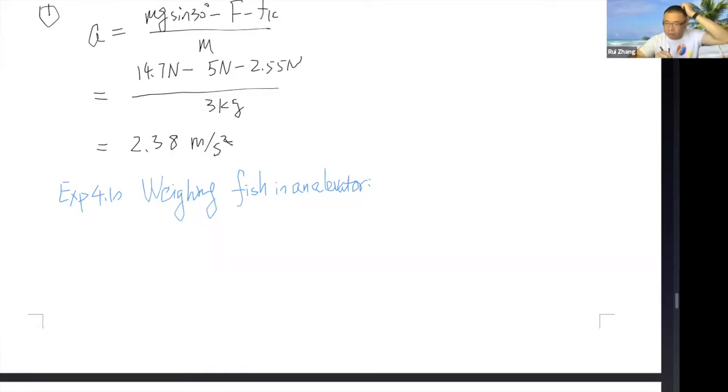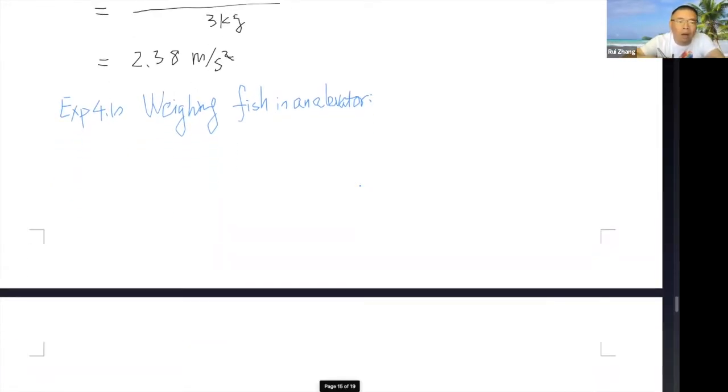Okay. What we're given here is very simple information. First of all, we know that when the elevator is at rest, the fish, so this is the scale, and this is the fish. I guess I don't need to draw the woman here. Well, maybe I can. This is the best I can do.